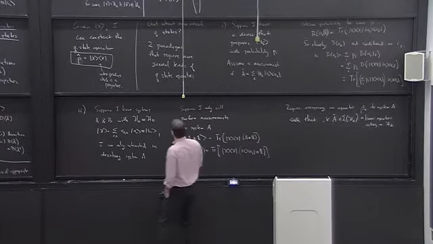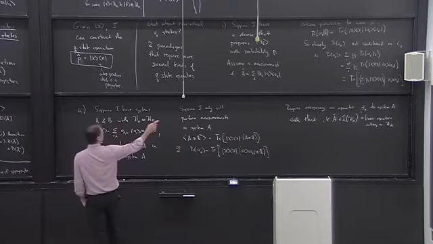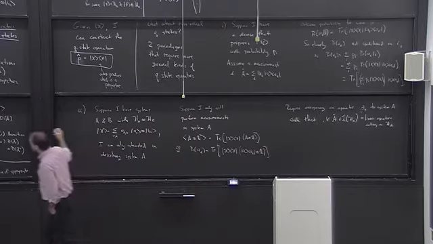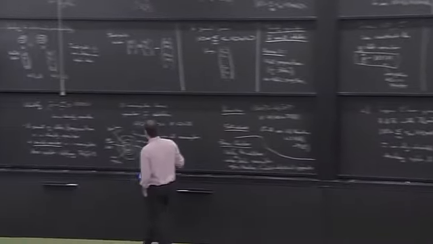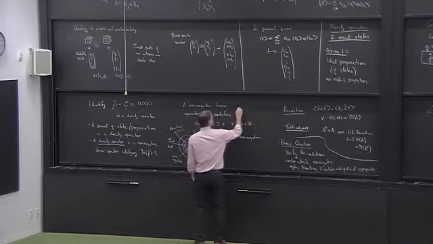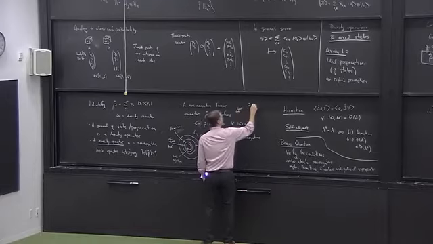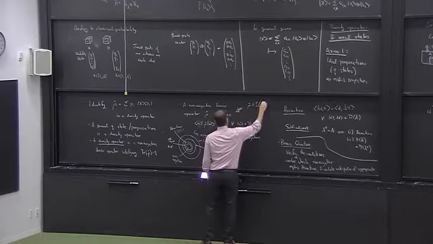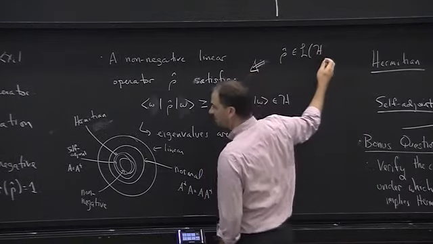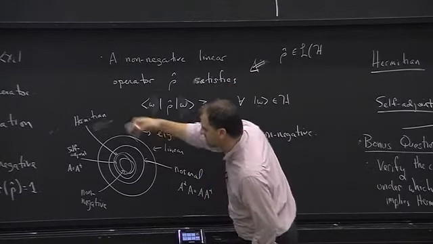So in this picture here, where did I write down rho? Here. So here, rho is an element of the linear operators on, what's my Hilbert space here? It's just generic.